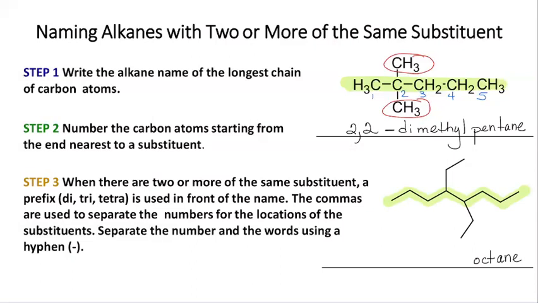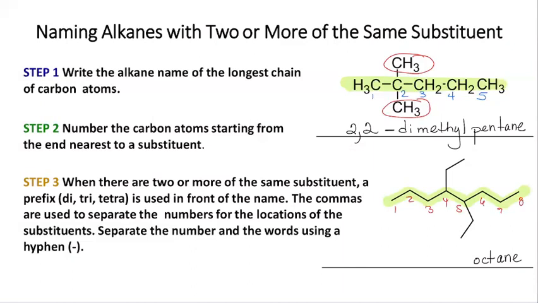Now, let's determine which way I am going to number it, left to right or right to left. We have to number this from the end that is nearest a substituent. Great job, Marisol. When it comes to this, you can see that if I number it left to right, 1, 2, 3, 4, 5, 6, 7, 8.